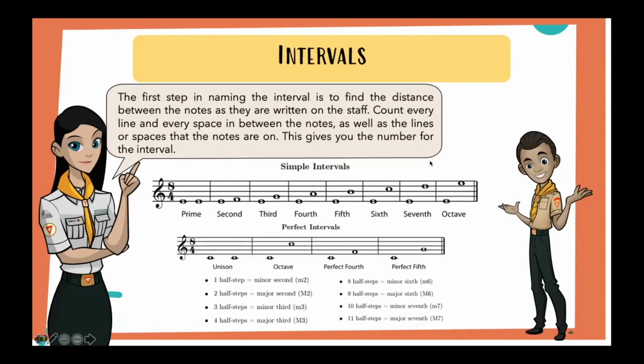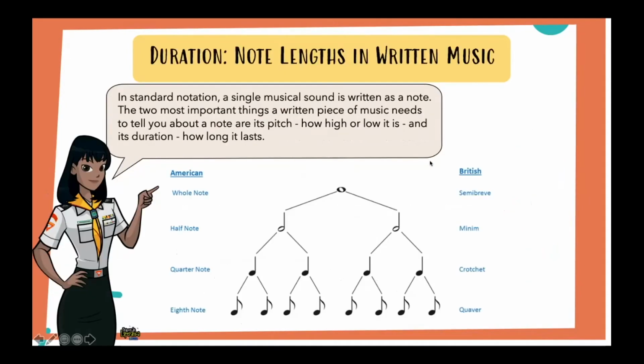Okay, let's go now to this part. I like this part, the duration of the notes, right? It's the same as with letters, but these symbols in music tell me how one note is related to the other.